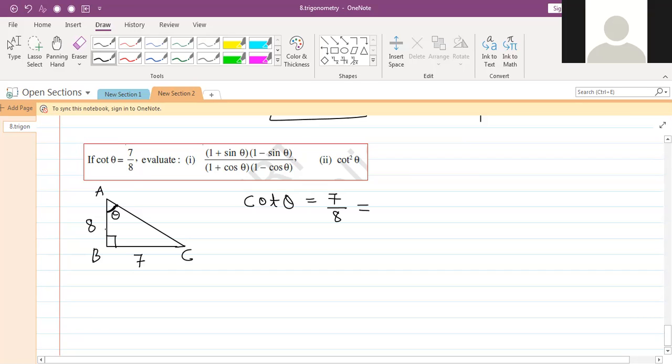Understand? And now we can apply the Pythagoras theorem to find the value. BC should be 8 and AB should be 7.